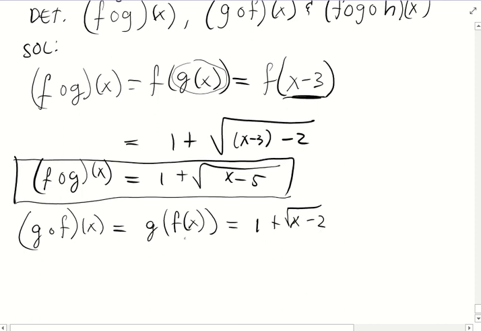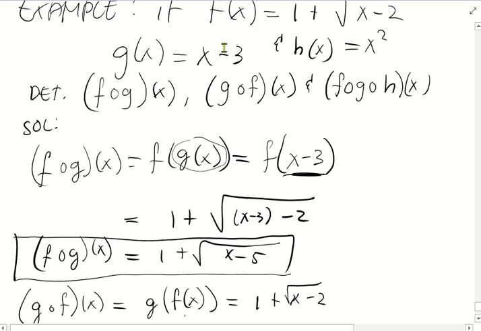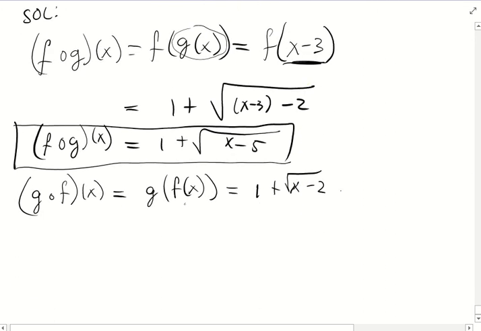Then we still need to subtract it by 3 because that is g of x. So this is minus 3. And this is equivalent to g of 1 plus the square root of x minus 2. It's good practice that you always do this first before you evaluate, so that it's easier for us to determine what you should put inside that bracket.